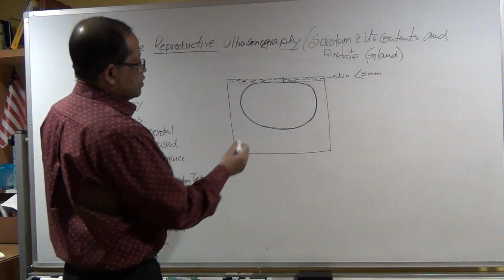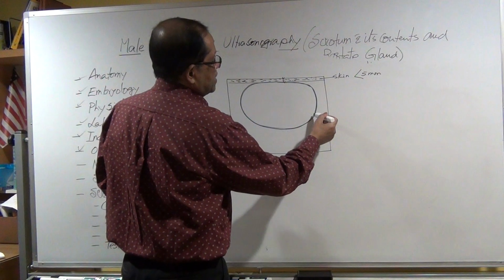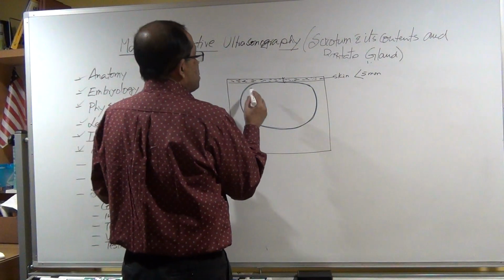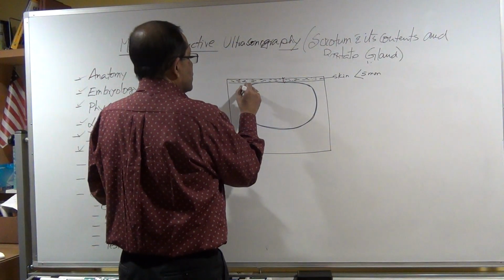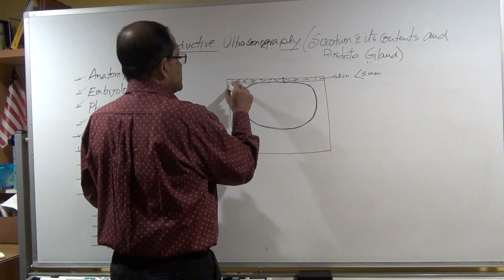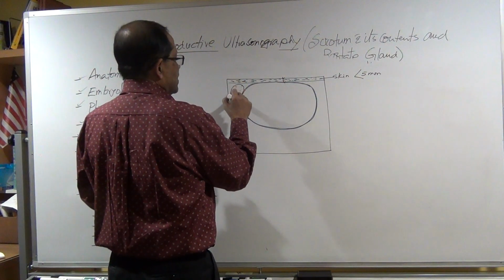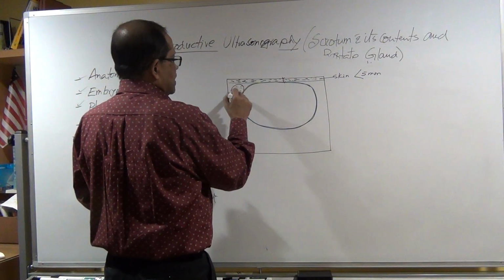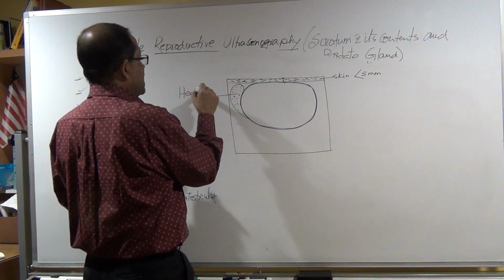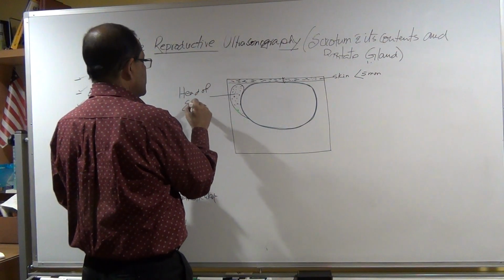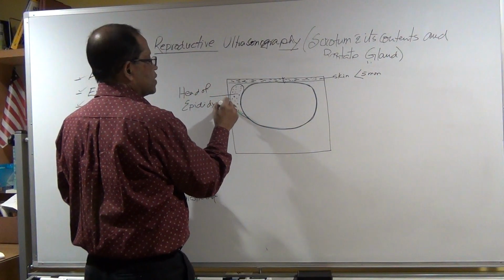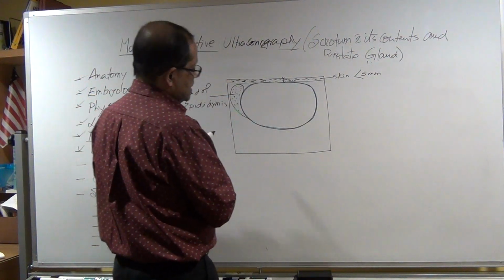Collection, because it is covered by tunica albuginea. So now, what is this? This is the head of epididymis, and this is testis.